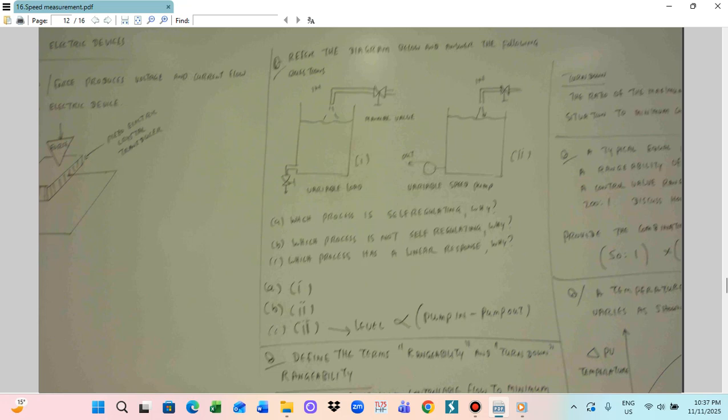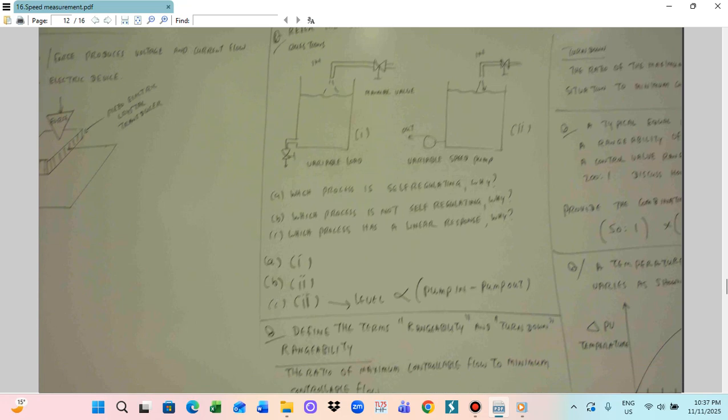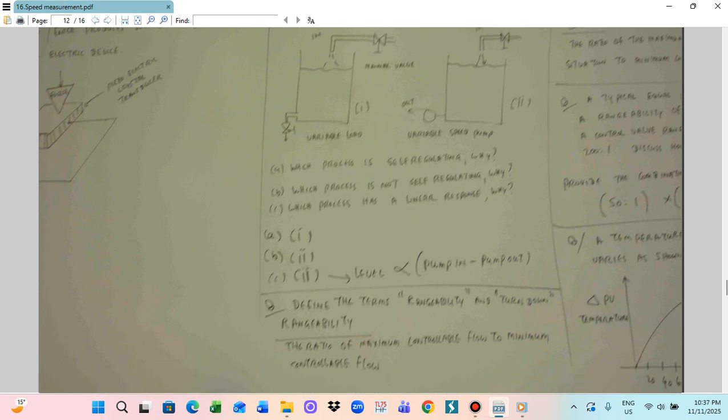So which one has a linear response? Process 2 has a linear response, because the level of the liquid depends on the entry and the exit of the liquid. There is a difference between what is coming in and going out, and the level of the liquid depends on that.